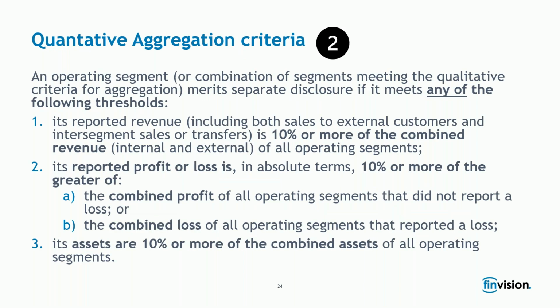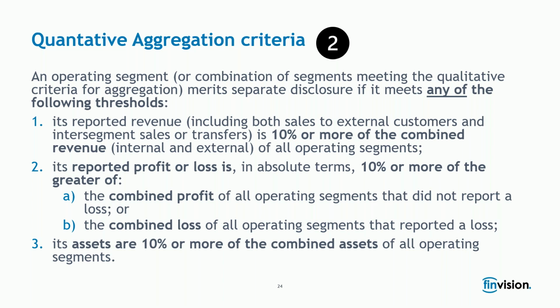Second step was quantitative aggregation criteria. And here, as soon as any of the below thresholds are met, you should report a segment separately. First one looks at the reported revenue. As soon as you reach 10% or more of combined revenue within that operating segment, you will have to report it separately.